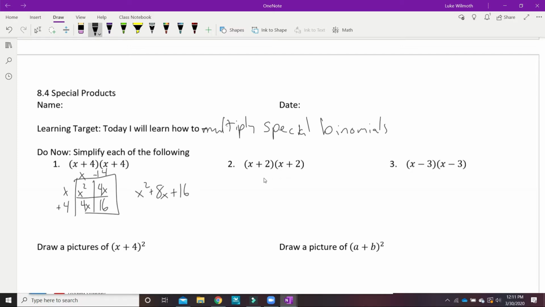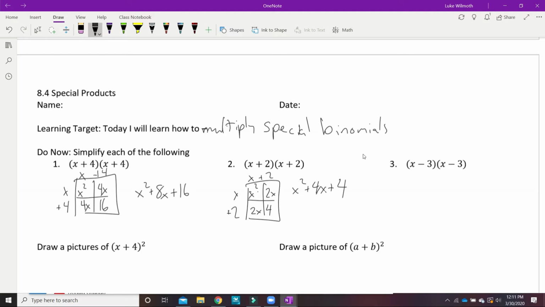Okay, let's try this one now here. This one would be x plus 2, x plus 2, x squared, 2x, 2x, and 2 times 2 is 4. So we get x squared plus 4x plus 4.